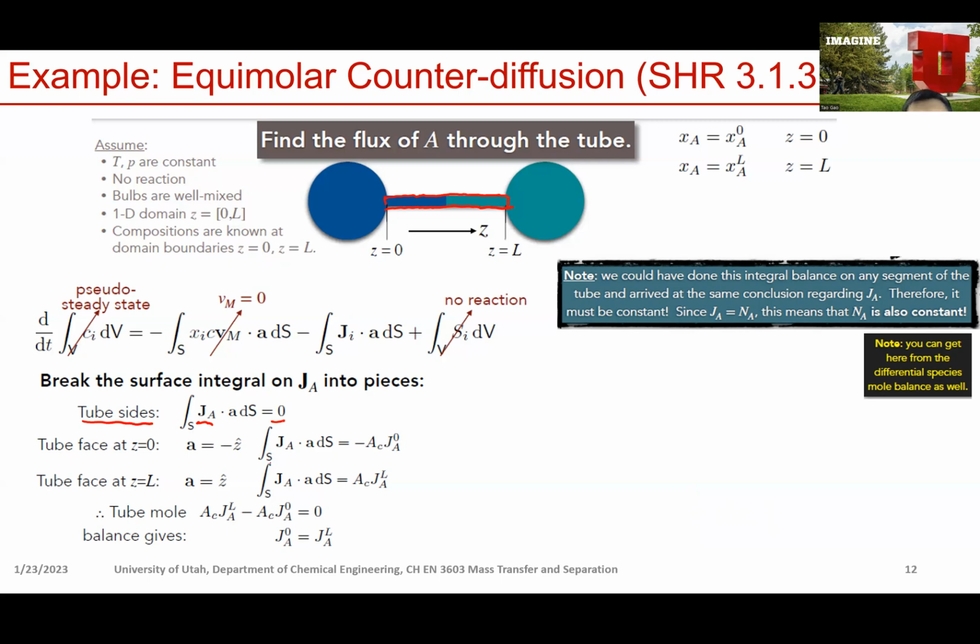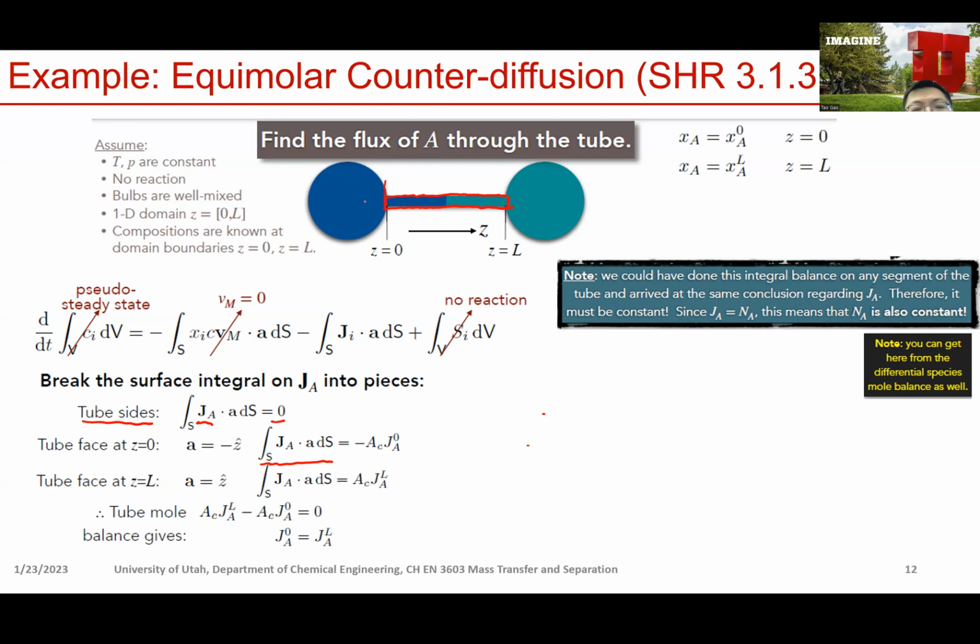Now in this equation, we need to take the dot product of the diffusive flux with the unit normal vector of the control volume, right? So we need to define the direction first so that we know how to do this dot product. So on this surface, first of all, let's look at the unit normal vector, right? Because our coordinate points toward the right. But when you define a control volume, the unit vector always points outward from your control volume.